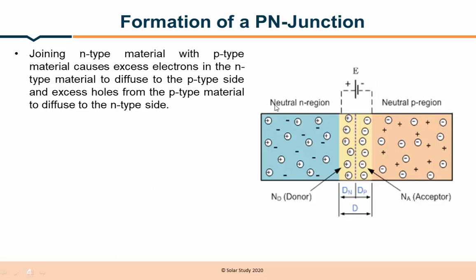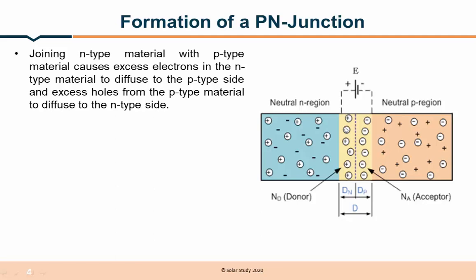When light is incident, or some amount of energy is given to this P and N junction, electrons start moving from one side to another. When more charge is incident, it starts moving from positive to negative and negative to positive.